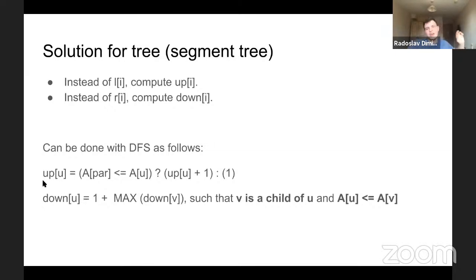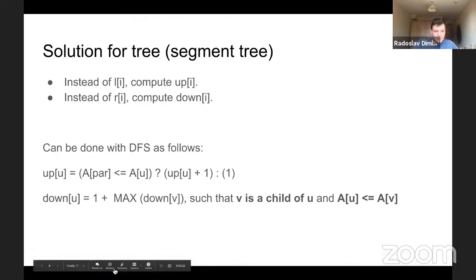Here I am using something like C++. Up will be computed like this: if the parent's a value is less than or equal to the current a value, then the current up will be the up of the parent plus 1.